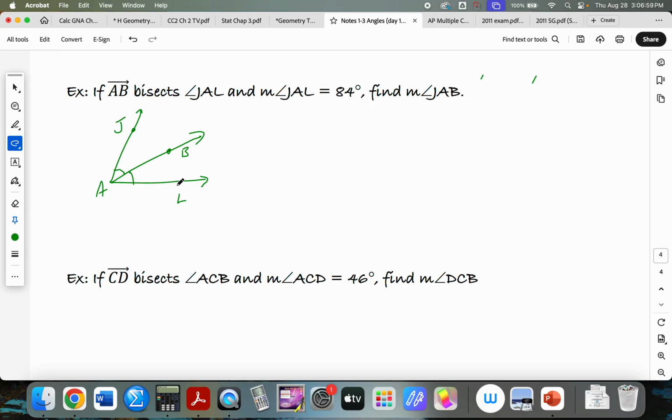It's the same amount of rotation to get from L to B as it is to get from B to J. Then it tells me the measure of JAL is 84. That's this whole angle. If these two are the same and add up to 84, what's the measure of each one of them? 42.